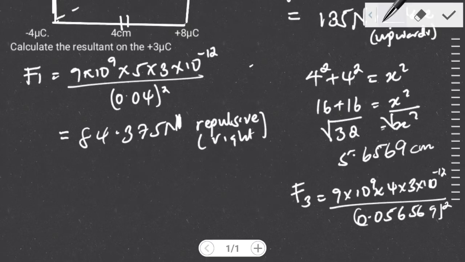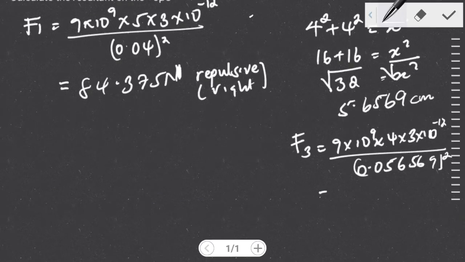And then F3 would be equal to 3.749 Newton.